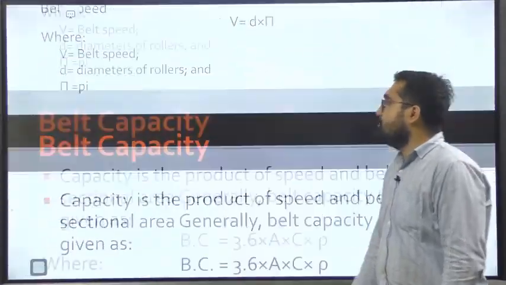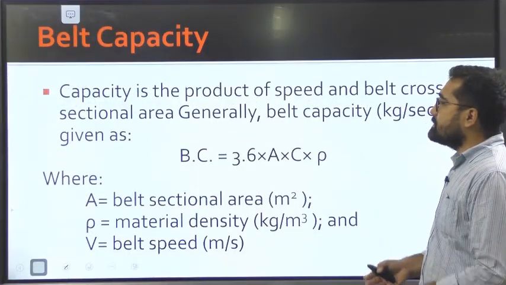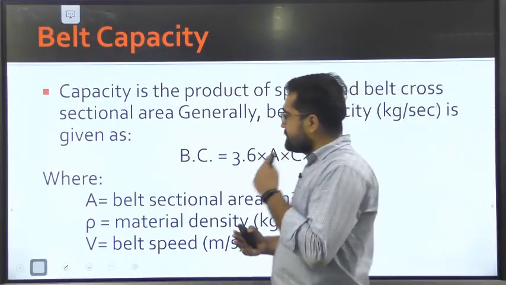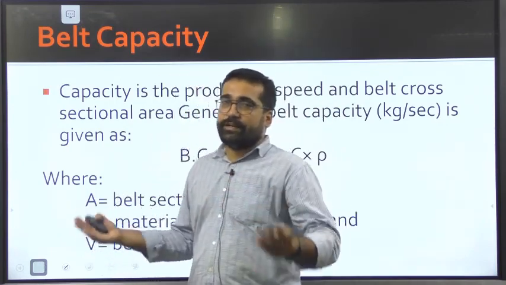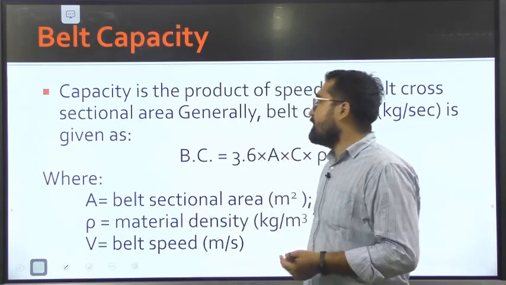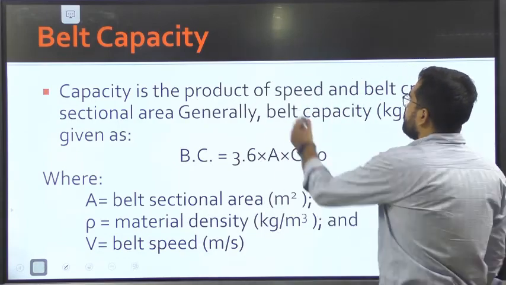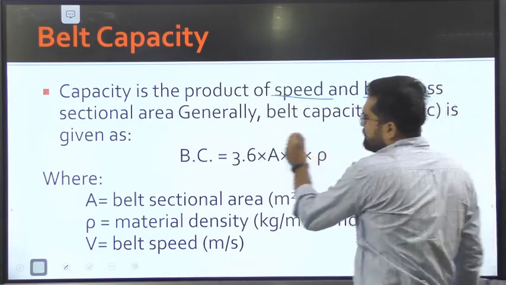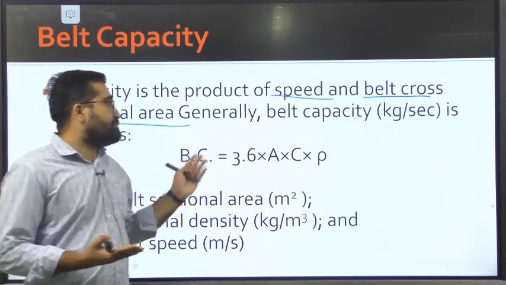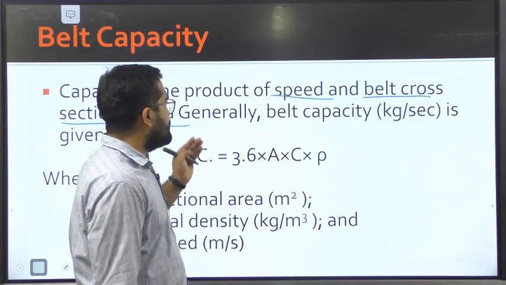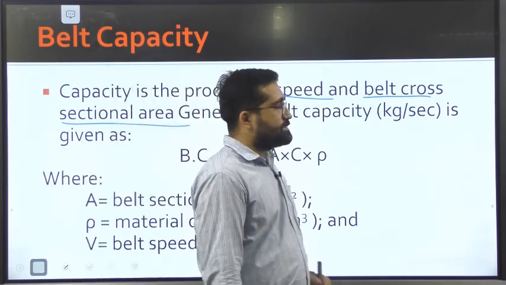Once we find the belt speed, we will find the belt capacity. How much capacity a belt is conveying from one end to another, or how much material a belt can hold on it. Capacity is the product of speed and belt cross section area. When we multiply the speed with the belt cross section area, we get the belt capacity.